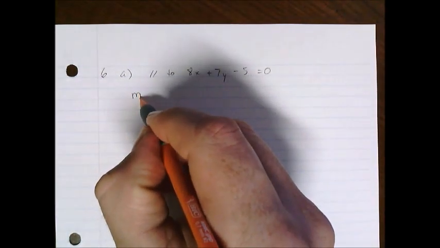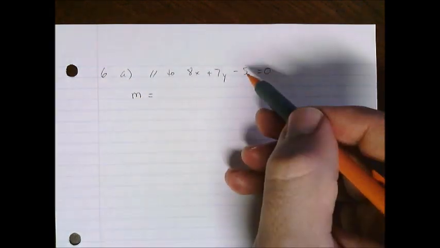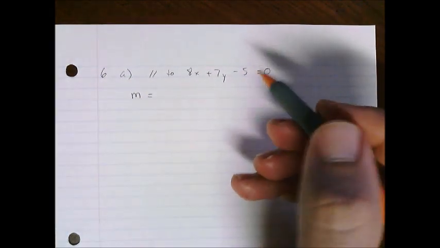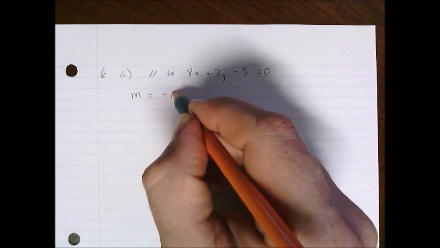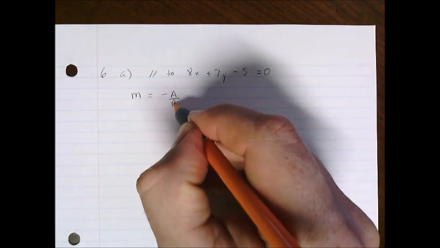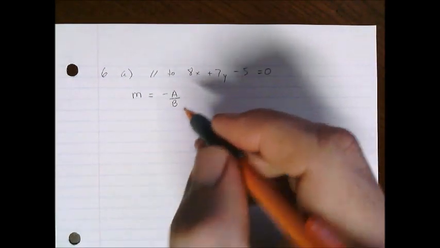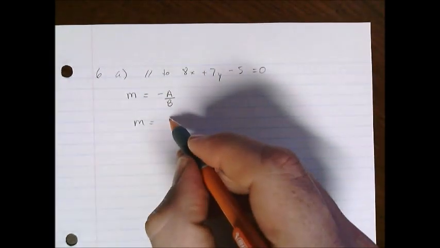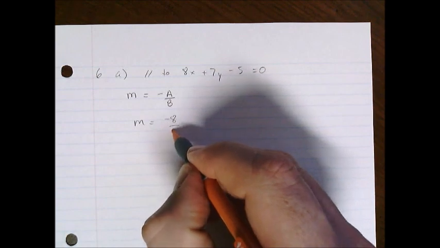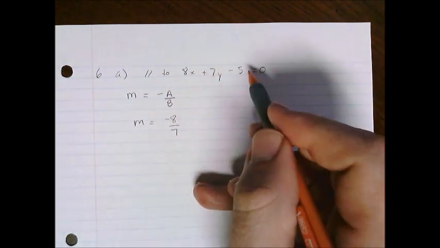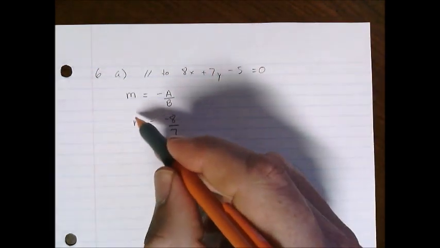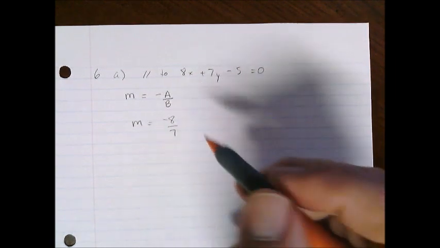Well, we know that the slope of this line would be negative a over b. And so that would be, in this case, negative 8 over 7, because this is a, b, and c, right? So that's the slope of this line.